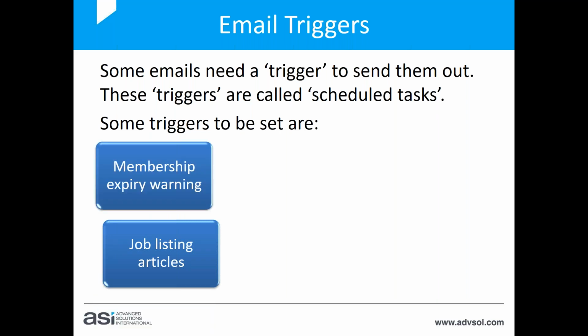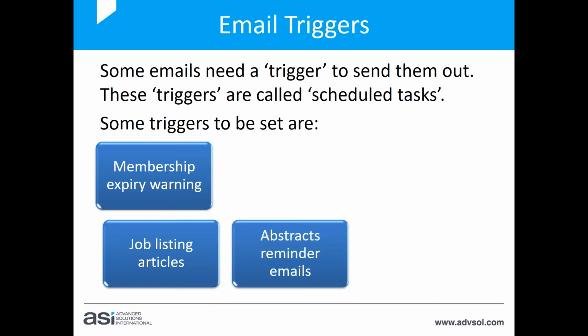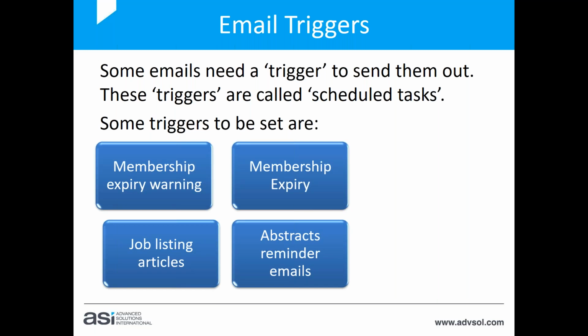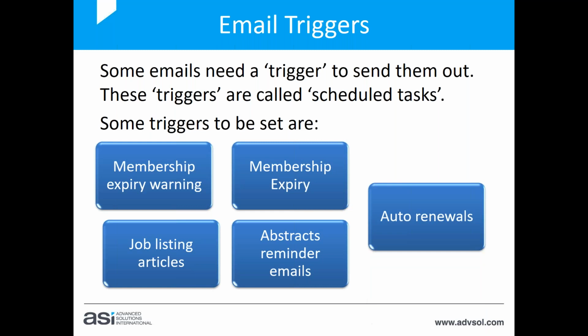We have triggers for membership expiry warning emails. We have triggers for abstract reminder emails. Membership expiries: we need to trigger that to make a membership expire and therefore trigger the email to be sent to say that a membership has expired. And we have triggers for auto renewals as well.